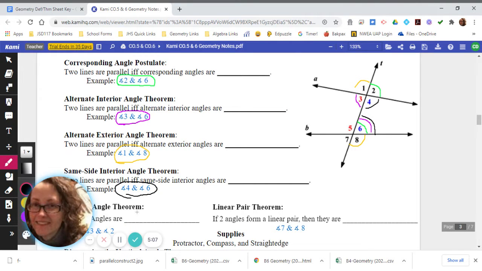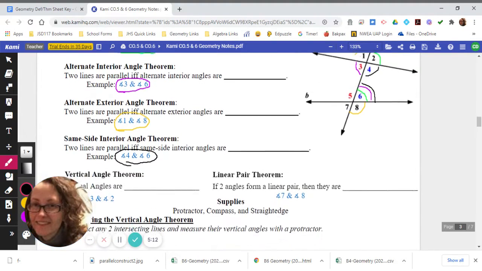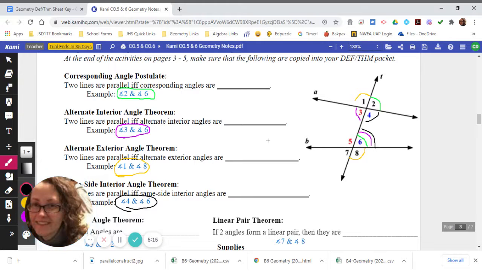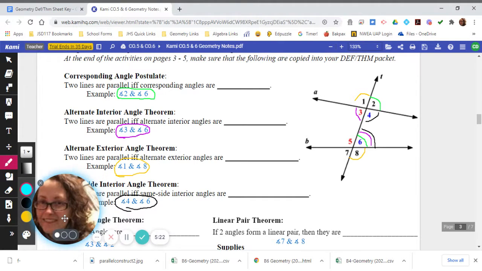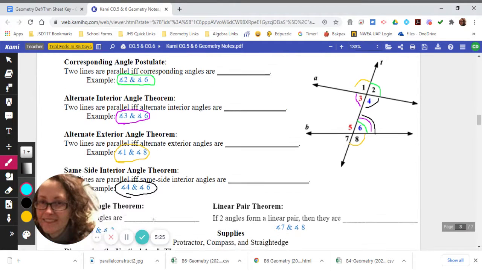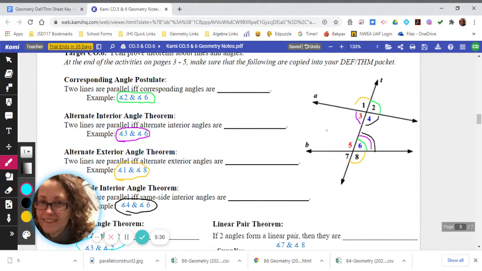Now my next one is going to be vertical angles. The example that I gave here was angle 3 and angle 2. I'm running out of colors here, so I'm going to do that in the light blue. Those are those scissor angles, like I like to call them, because they are opposite of each other.